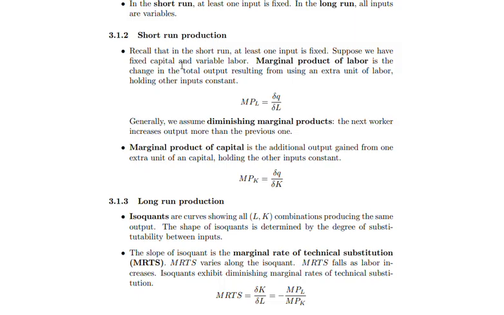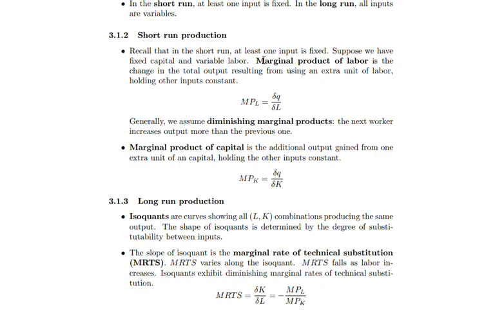Recall that in the short run, at least one input is fixed. Suppose we have fixed capital and variable labor. The marginal product of labor is the change in total output resulting from using an extra unit of labor, holding other inputs constant.